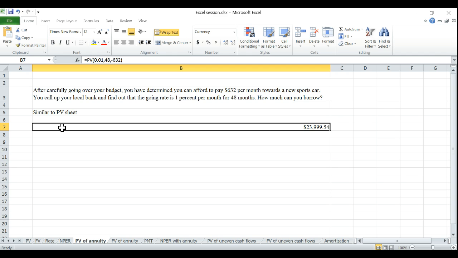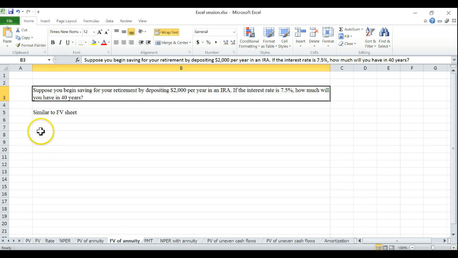So about $24,000, if you round it off, is the present value. So you can buy a car that is worth $24,000, and then you can pay $632 every month towards that loan, and that will cover it within 48 months. So that is the present value of annuity.